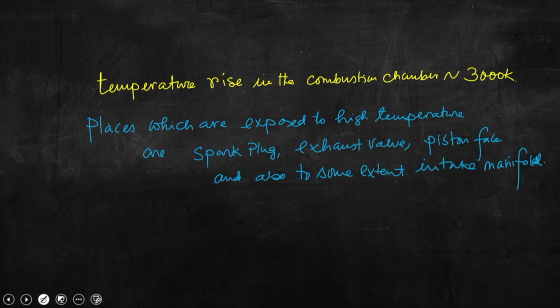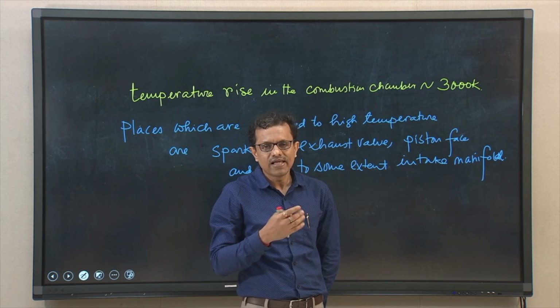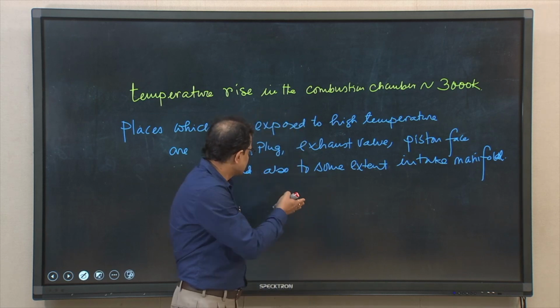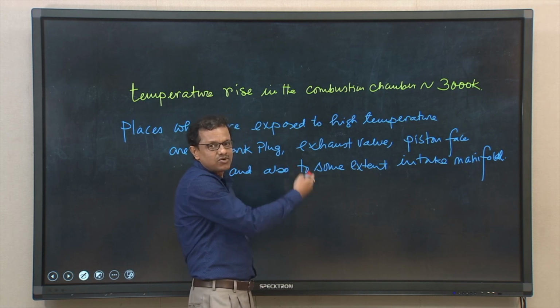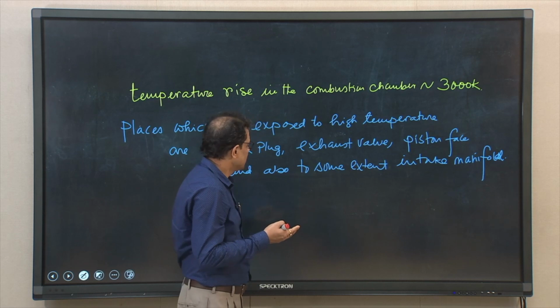So, can we really remove heat through these surfaces? No, we really cannot, because these surfaces are, I should say, a very complex arrangement. These surfaces are integrated to an engine block through some complex position.